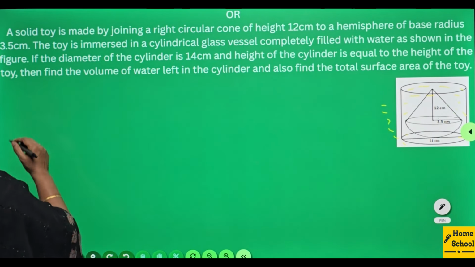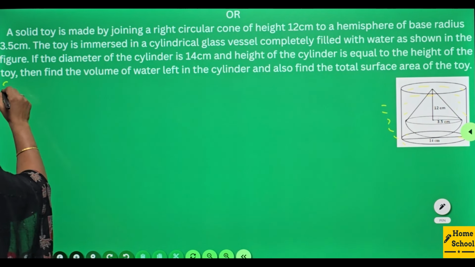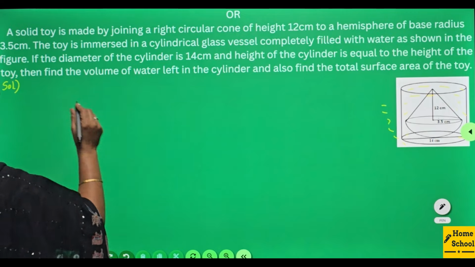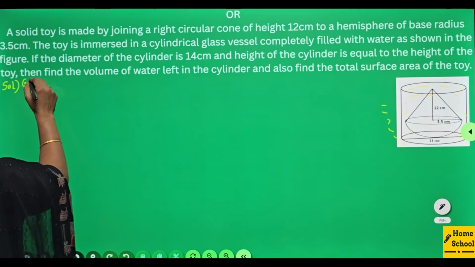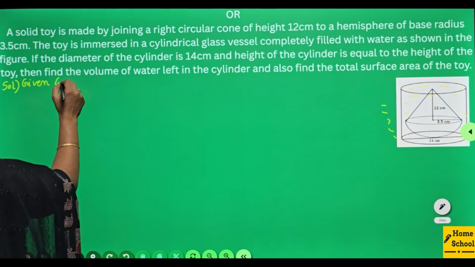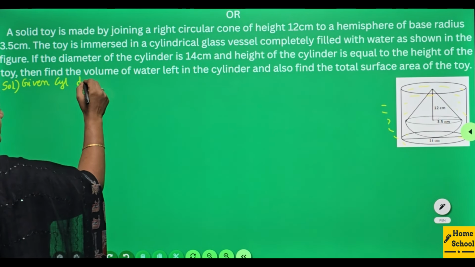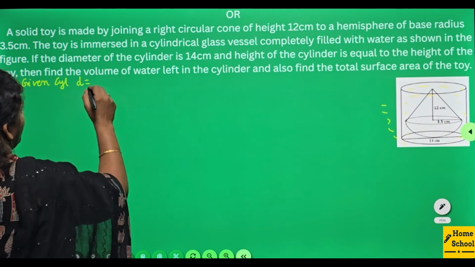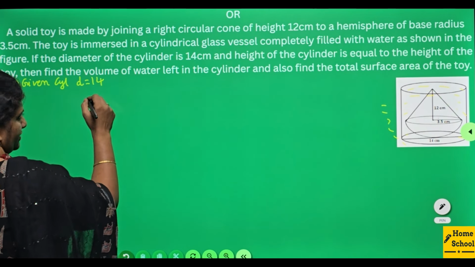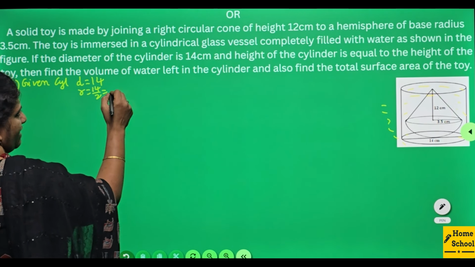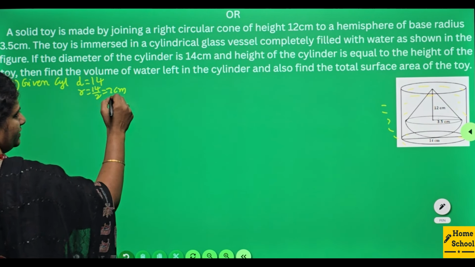Let us start the problem by writing the given data. This is little lengthy. I'll do shortcut. Given cylinder height and radius, even cylinder diameter given. What is diameter? 14 centimeters. Then radius will be 14 by 2, that is 7 centimeters.